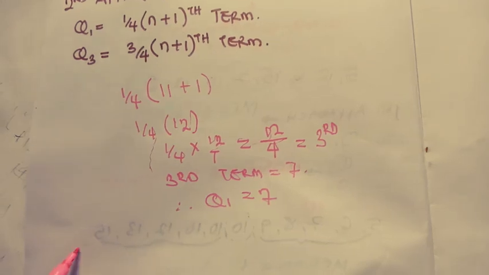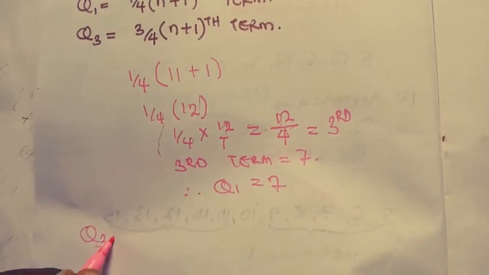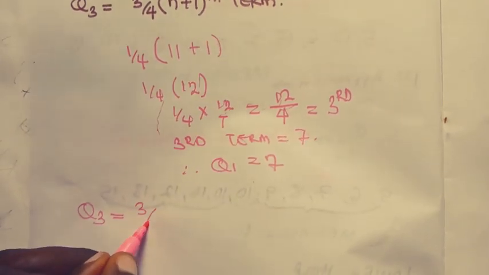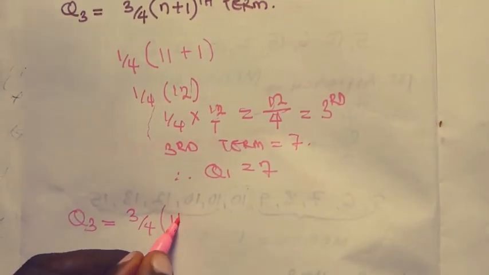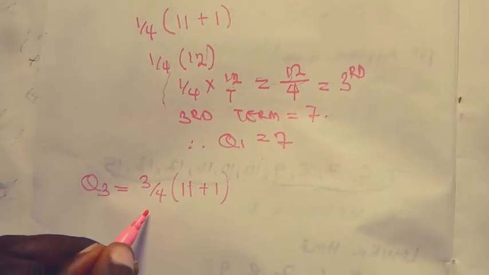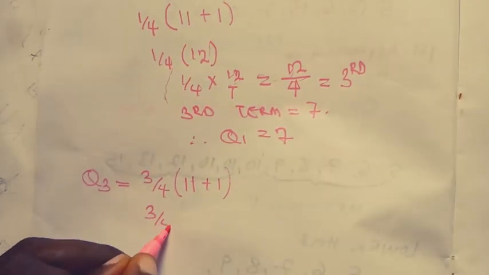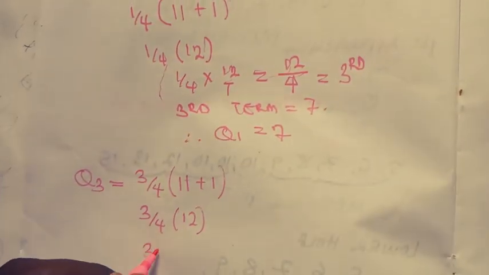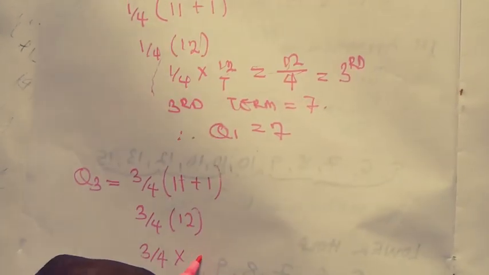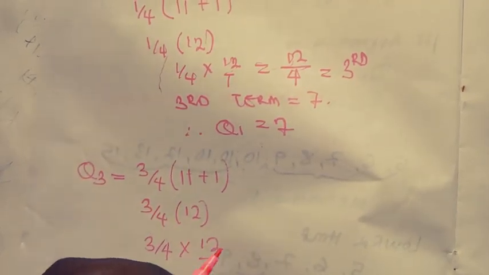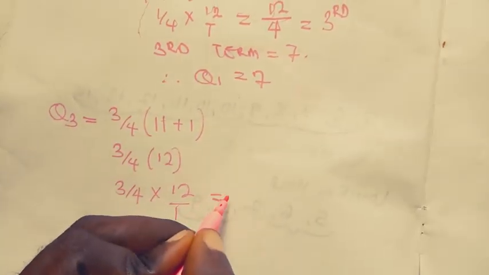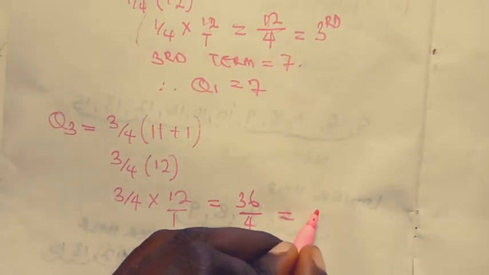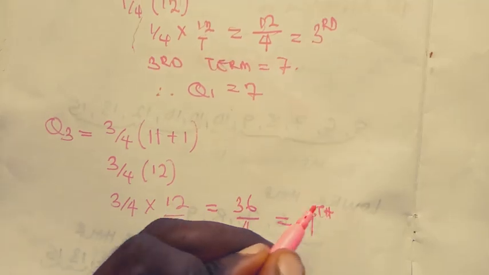The same thing for Q3 is going to be 3 over 4 into 11 plus 1, and that is 3 over 4 into 12. Writing it out, we have 3 over 4 multiplied by 12 over 1, and that will give us 36 over 4, and that is the 9th term.